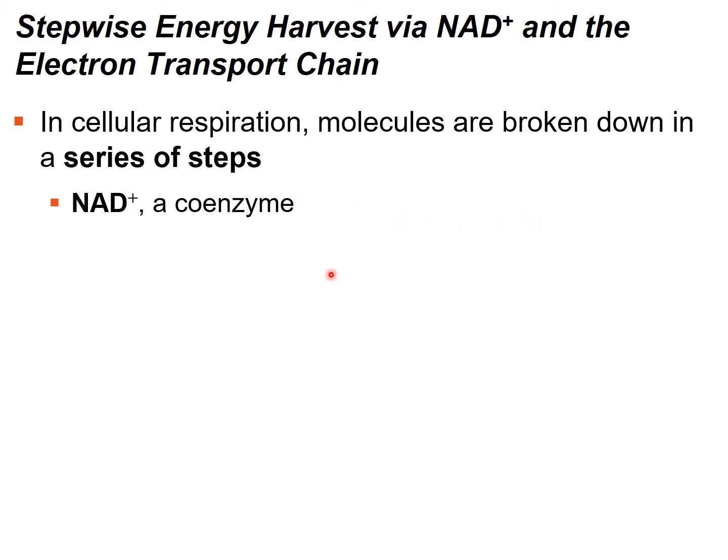Remember, it becomes reduced to NADH during the process of the breakdown of glucose, or the oxidation of glucose. So again, this stores energy, which will then bring that energy in the form of electrons to the electron transport chain in order to make a lot of ATP.